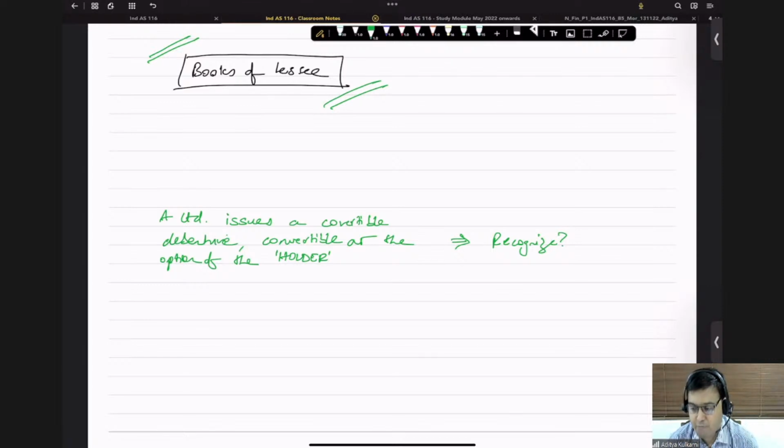What do you think? Option to convert is not with the company, it is with the holder. I don't want exact accounting, just a ballpark answer. Will the equity portion be there for the principal amount, or will you treat it as a liability?